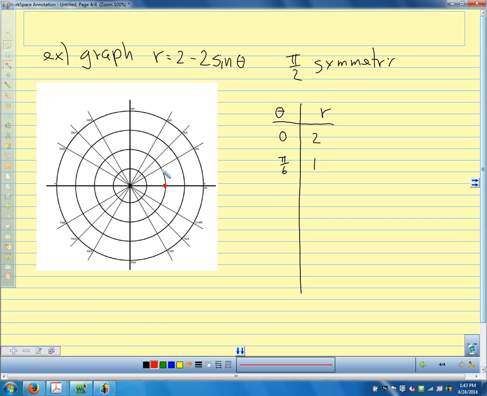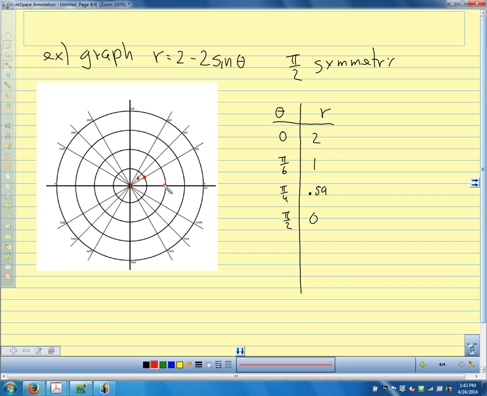So here's my pi over 6, and here is 1. When theta equals pi over 4, we plug that in, we calculate 0.59. So here is pi over 4, and we're at about here. And then at pi over 2, I get r equals 0.